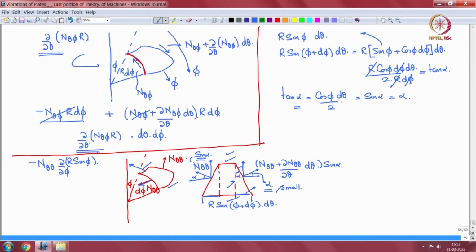Now what do I have? I have n theta theta into sine alpha, which is cos phi d theta by 2. And from here also, plus n theta theta plus del n theta theta.